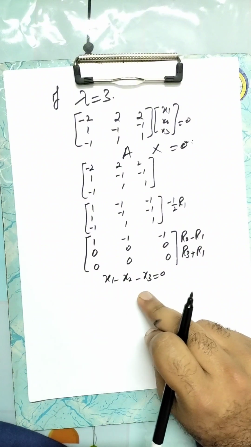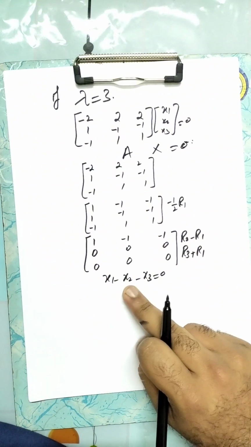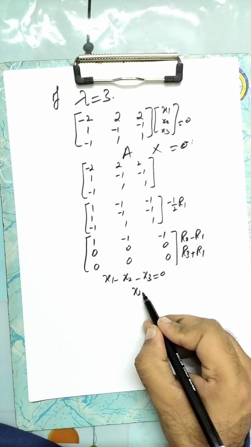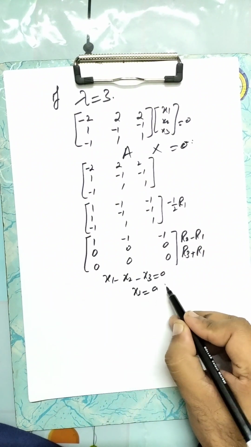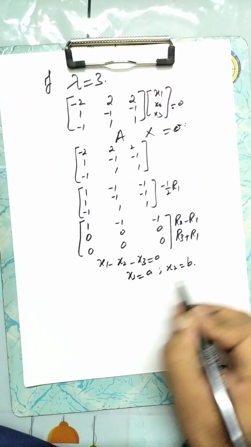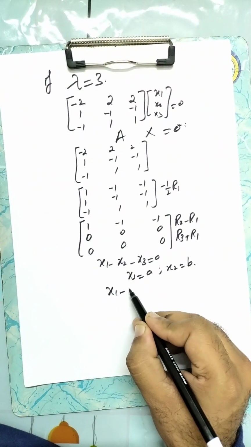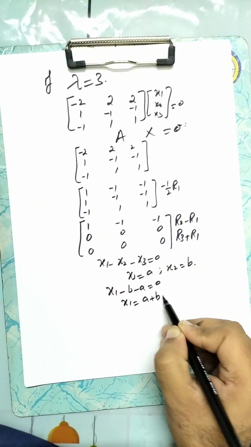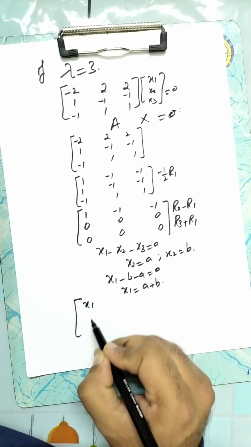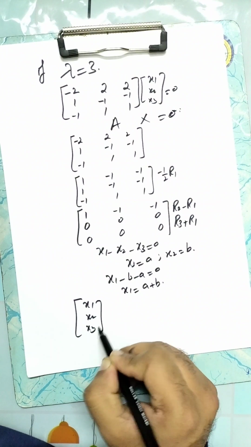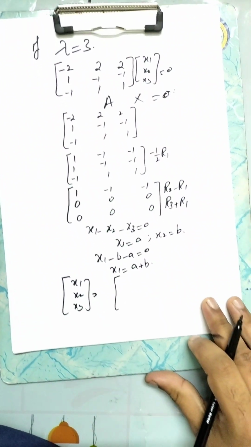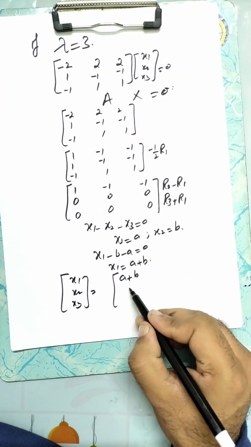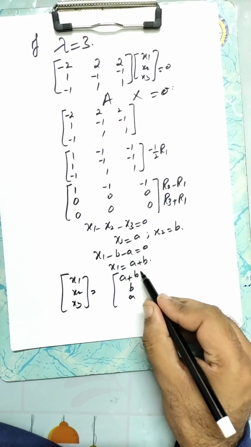So we have three unknowns and one equation, so we fix two unknowns, so x3 is equal to a, and x2 is equal to b, so x1 minus b minus a is equal to 0, and x1 is equal to a plus b. So the eigenvector x1 x2 x3 is equal to a plus b, b, and a.